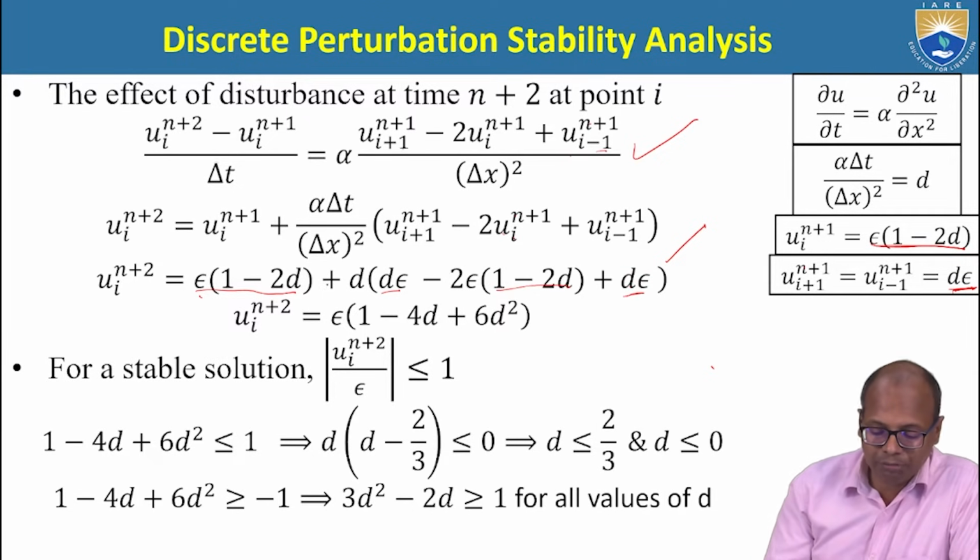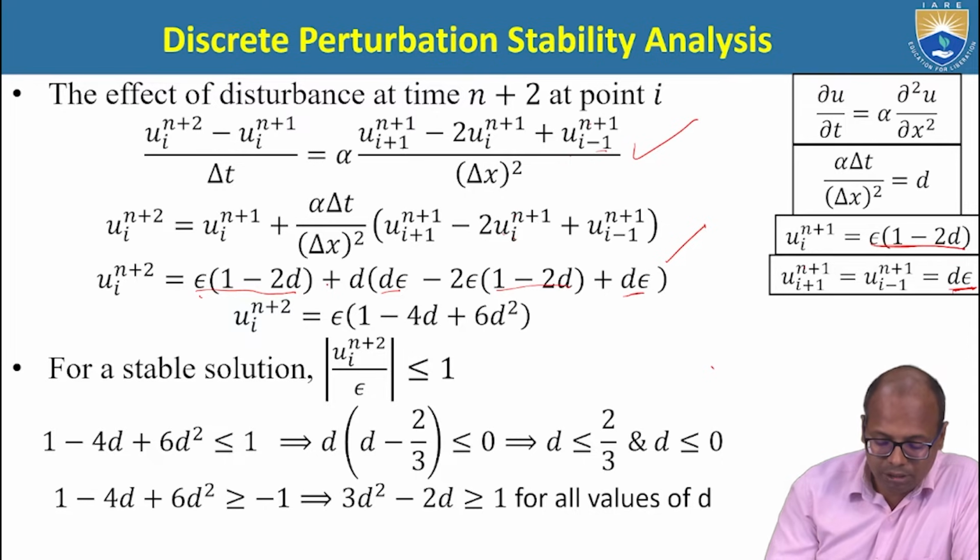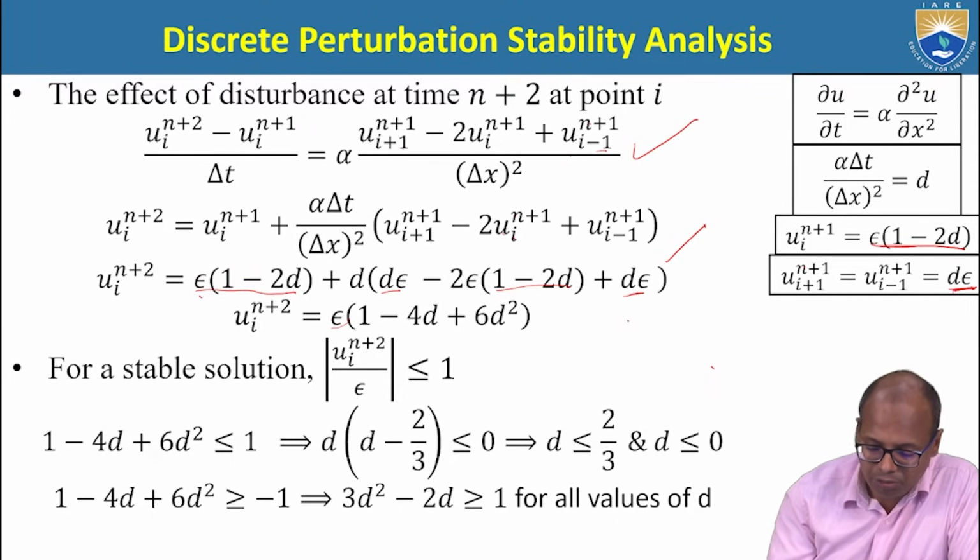Now if I simplify this, what will happen? See here, epsilon, epsilon, epsilon, everywhere epsilon is there. Epsilon I have taken outside. Now here it is 1 minus 2d, and here it is d square. This is 1, this is 1.